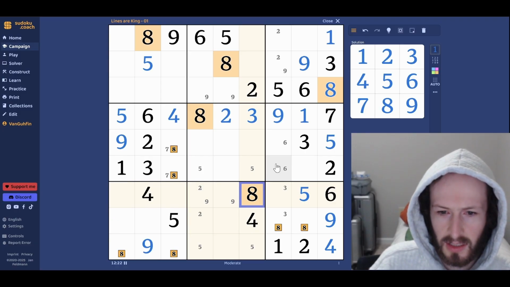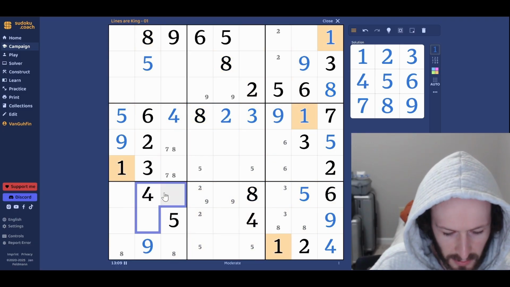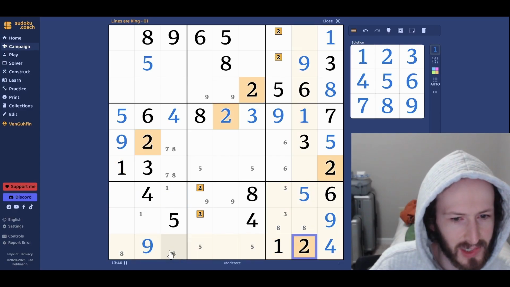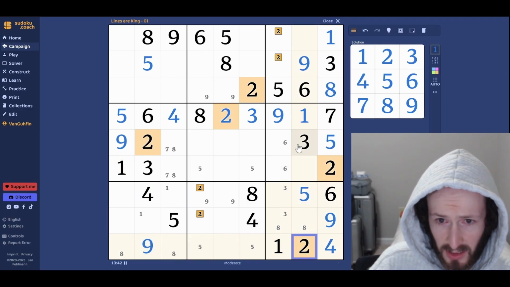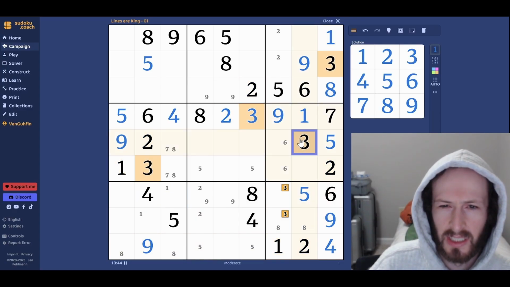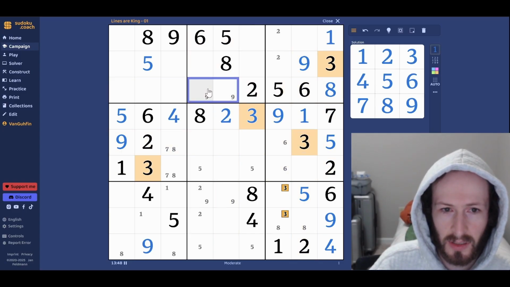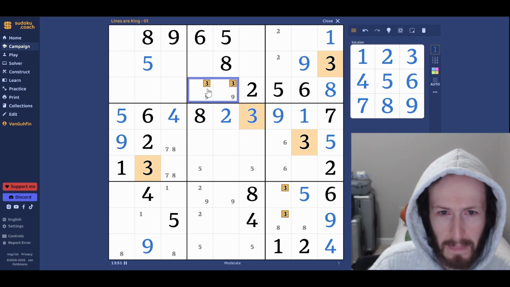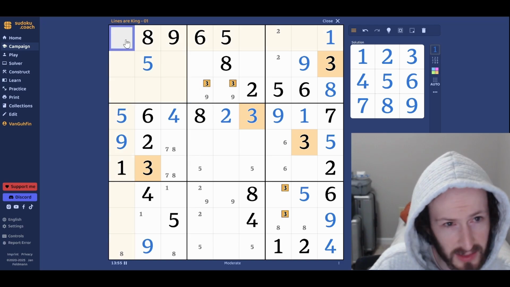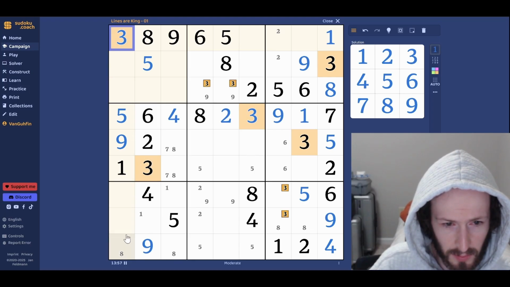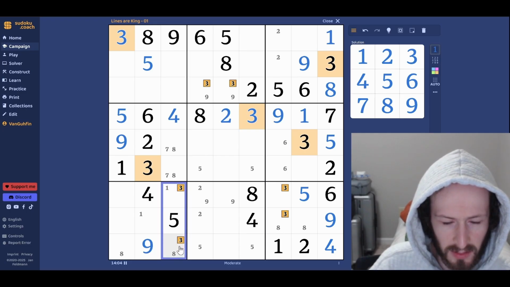Anyway, one of these two is a 1. Not seeing a whole lot. 3s. Okay, cut off. One of these two has to be a 3. So top left is a 3. Which makes this pair one of the 3 and an 8.